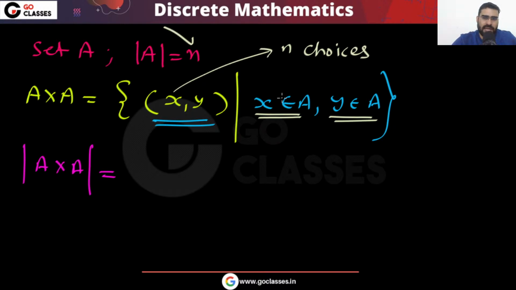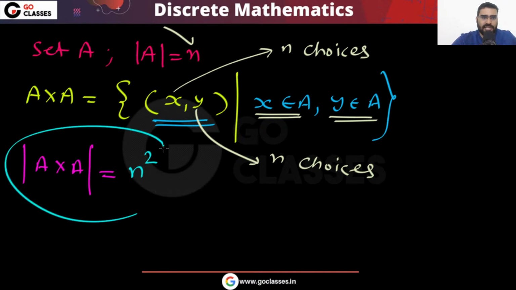A contains n elements. Similarly, this Y has n choices. So X has n choices, Y has n choices, so the cardinality of A cross A will be n into n, that is n square. This is the cardinality of A cross A.